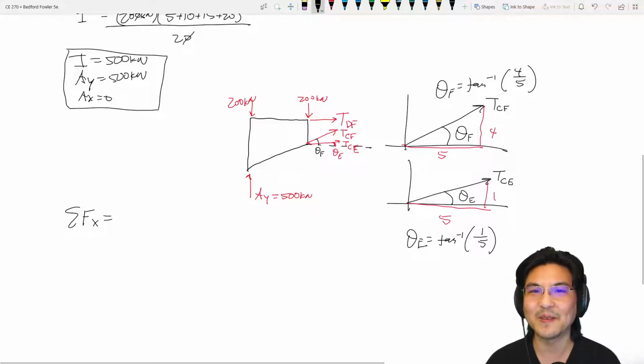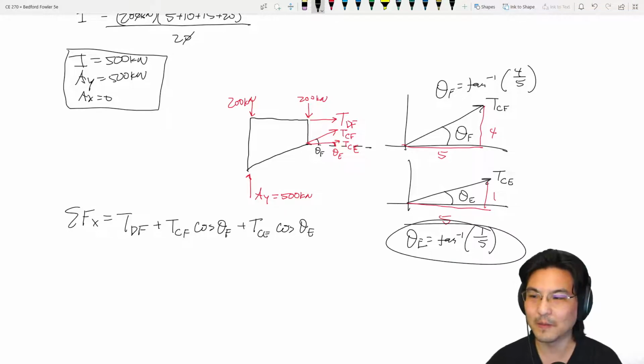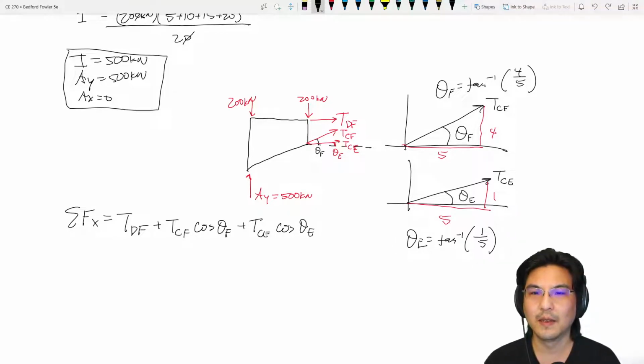Now in the x direction, we got TDF plus TCF cosine of theta F, which we know, plus TCE cosine theta E, which we know that angle. That's it, equals 0.